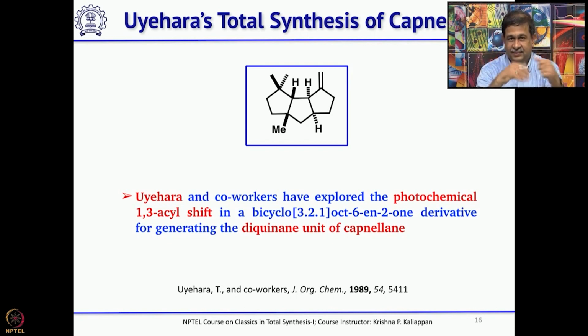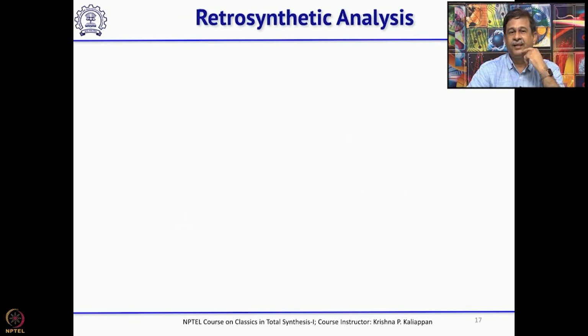In the earlier synthesis which we saw, where oxo-di-pi-methane rearrangement was the key reaction, there also he got the 1,3 acyl shift product as a minor product. In this particular case, he has used photochemical 1,3 acyl shift as the key step, and that is the main reaction to get the key starting material or key intermediate.